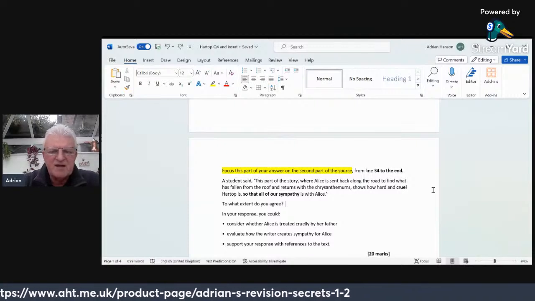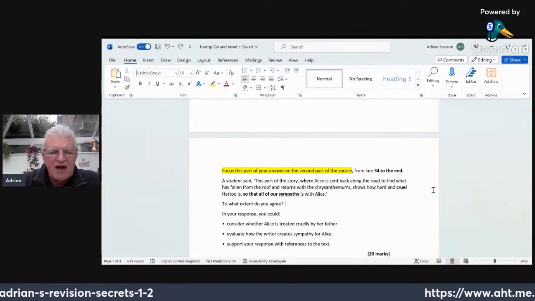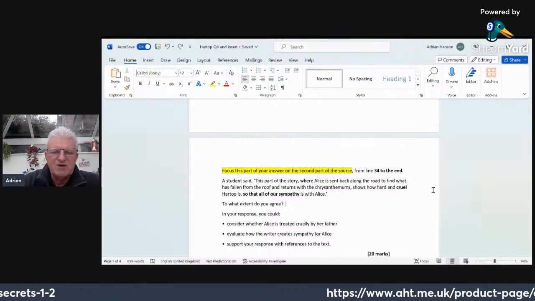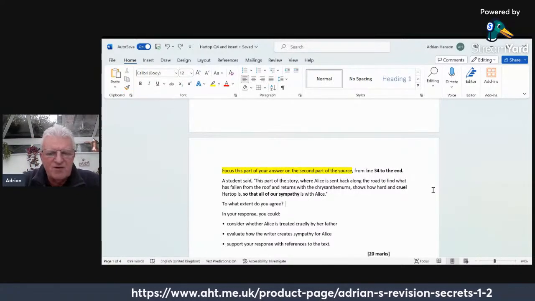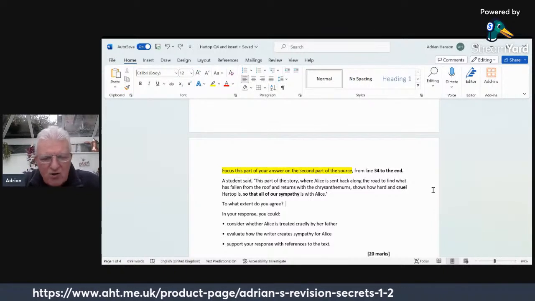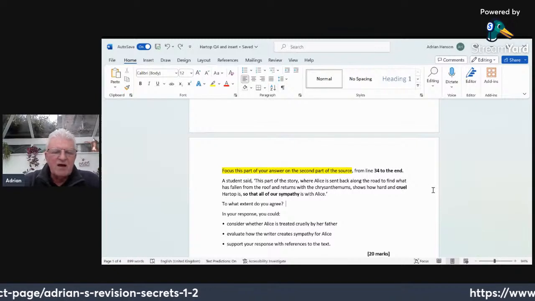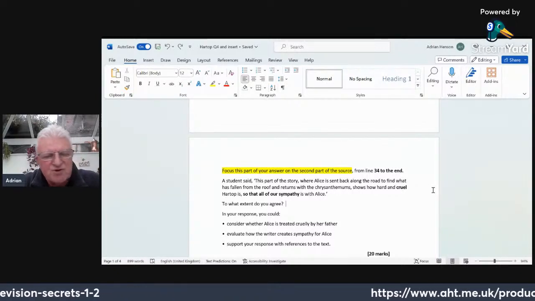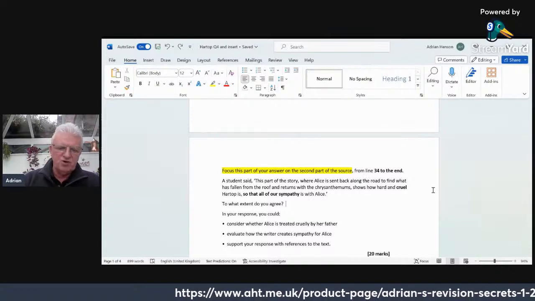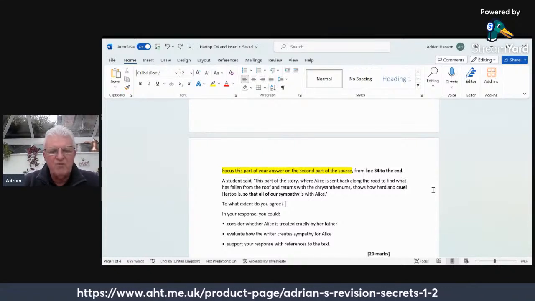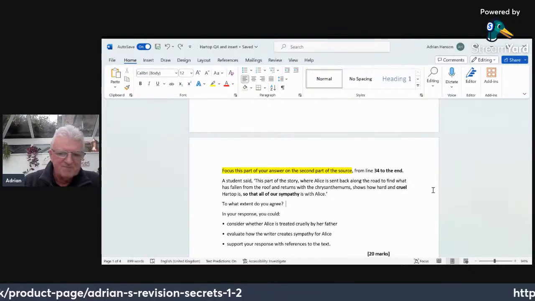But, and this is the warning, the words in this statement have been chosen specifically to make sure that you cannot really agree totally with the statement. Now it says in your response, you could, and AQA always put you could, giving you almost the impression that you can choose to do this or not to do this.